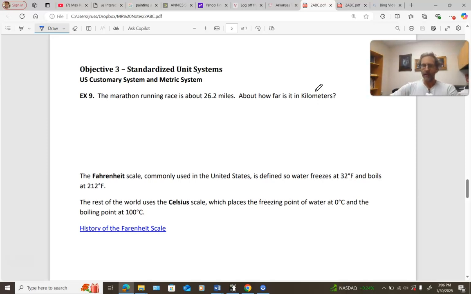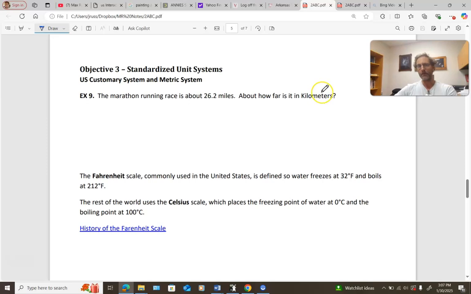Okay, and so for example, it's not really based on 10, but the metric system allows us to have different units as multiples of 10. So for example, a meter is a unit of length, and then you can have a decameter.